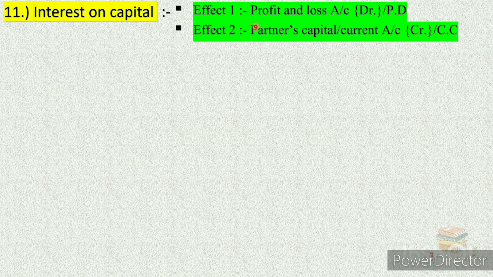Its first effect is in the profit and loss account debit side as interest on capital. Then the second effect is in the partner's capital or current account on the credit side. So CC.